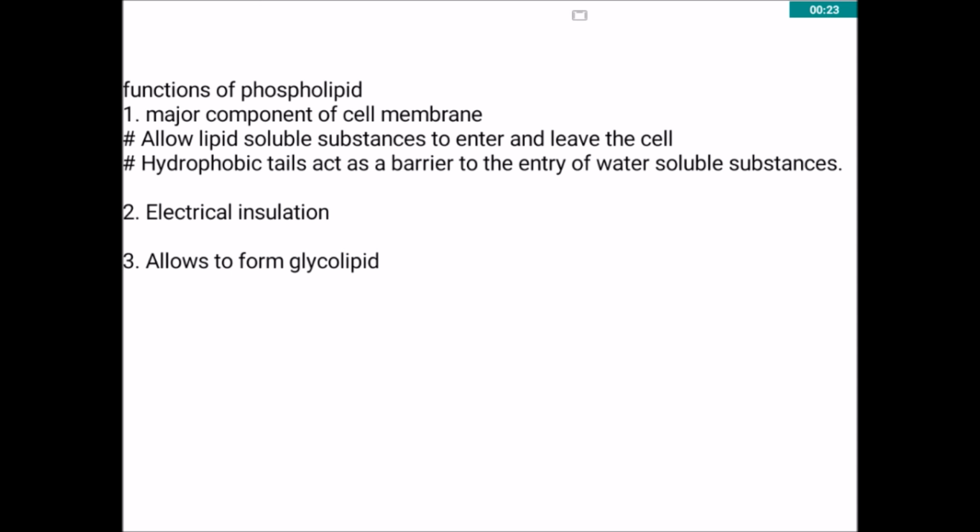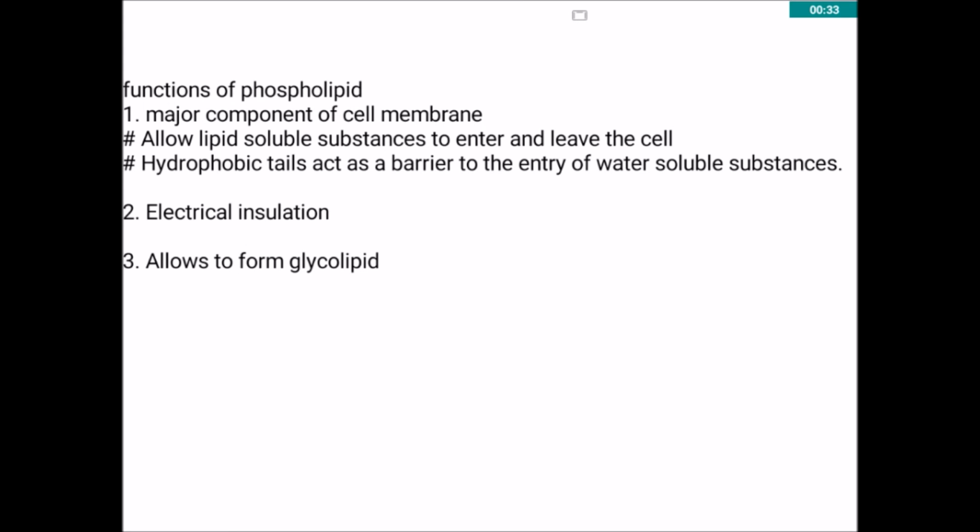As they have hydrophobic tails, those tails allow lipid soluble substances to enter and leave the cell. And the hydrophobic tails also act as a barrier to the entry of water soluble substances.